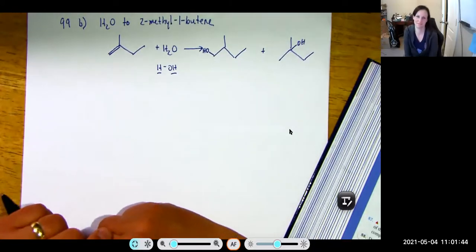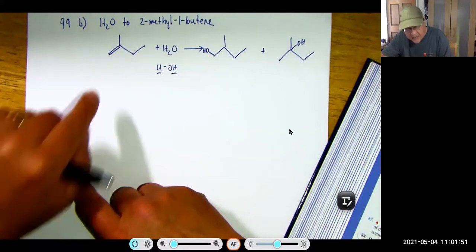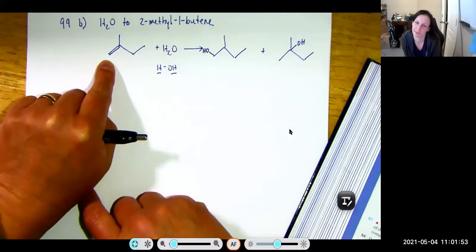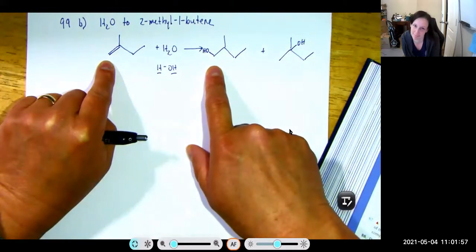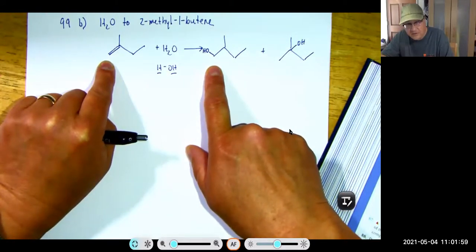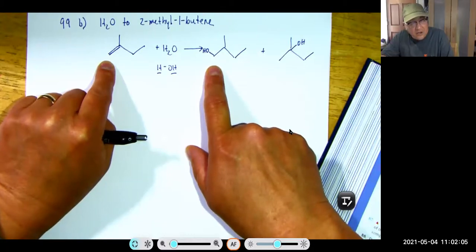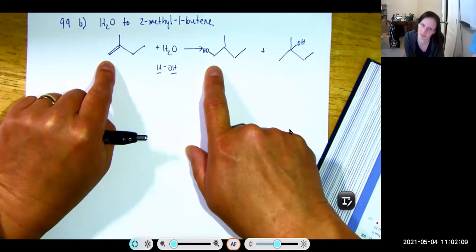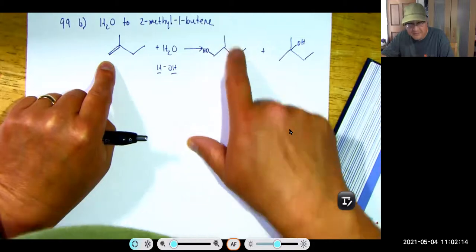So what we're looking for is the number of hydrogens changes, right? How many hydrogens there? 2. How many there? 3. I only see 2. Well, with the OH, no. The H on the OH doesn't count as a hydrogen on that carbon, because otherwise we'd have to count the hydrogens over here also.